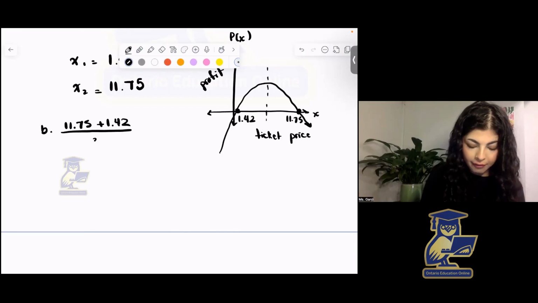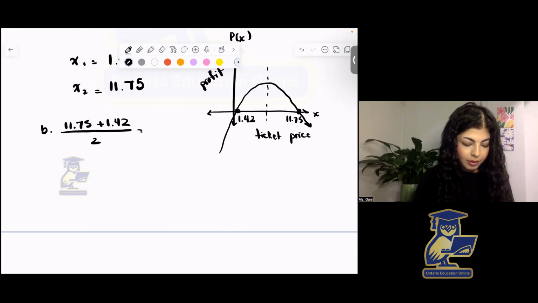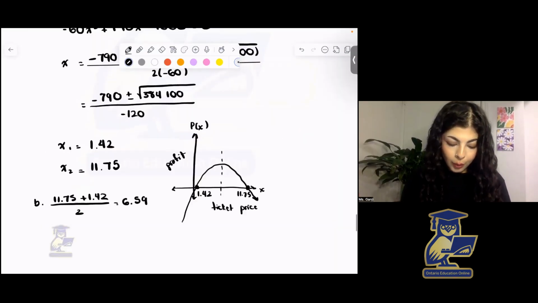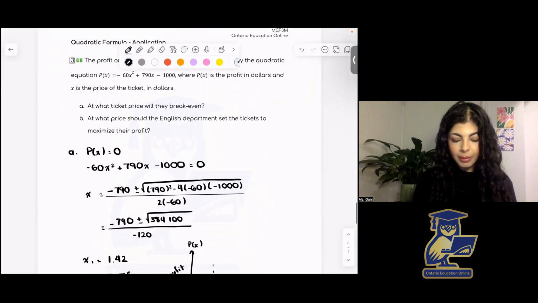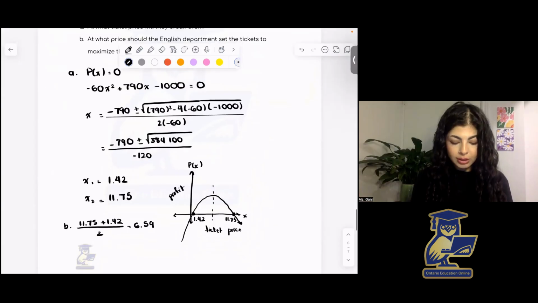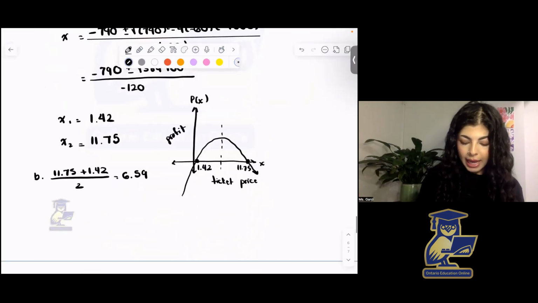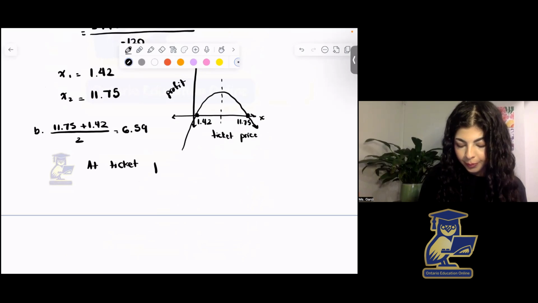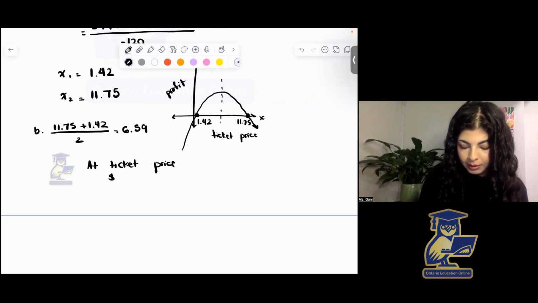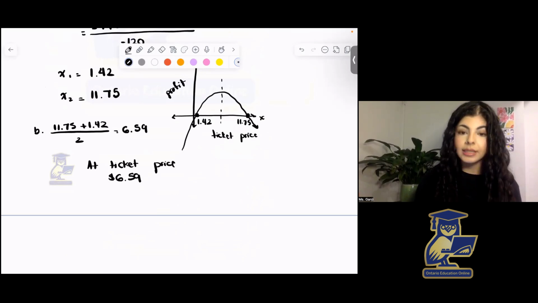So we just get the average of those two, which is 6.59. We are asked at what price the English department should set the tickets to maximize their profit, so we just need the ticket price: $6.59.